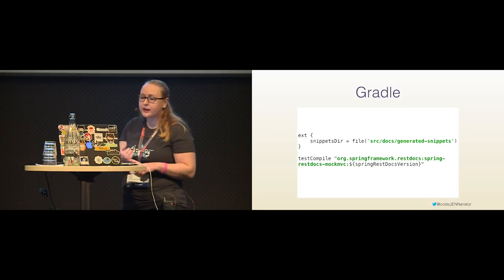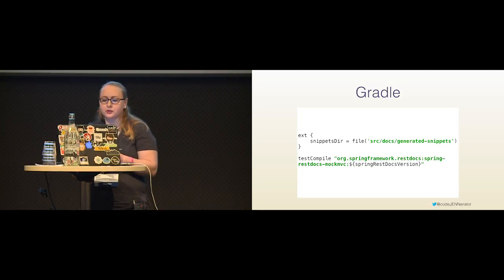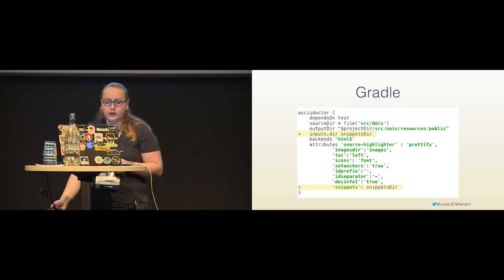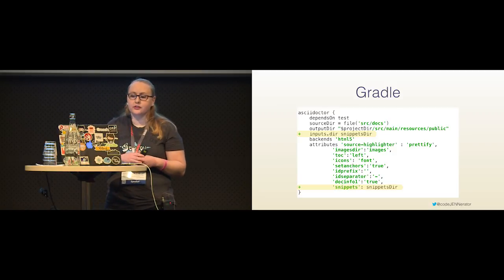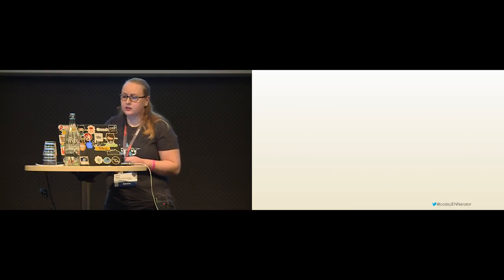The first one is for MockMvc, and there's a different one for REST Assured. And we have to do a couple things in our AsciiDoctor configuration so that it knows where to get the snippets that we're generating from Spring REST Docs. Okay.